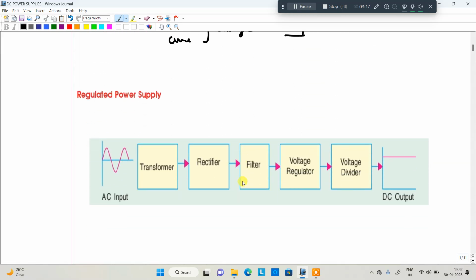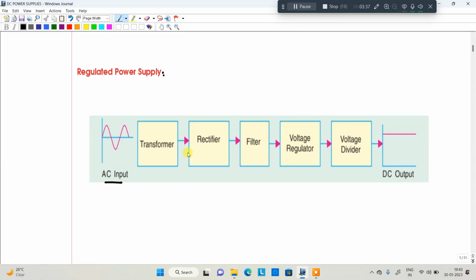Next we are moving to the regulated power supply. In a regulated power supply, the input is AC, and it is connected to the equipment we discussed in the introduction. First of all, the input supply is connected to the transformer.